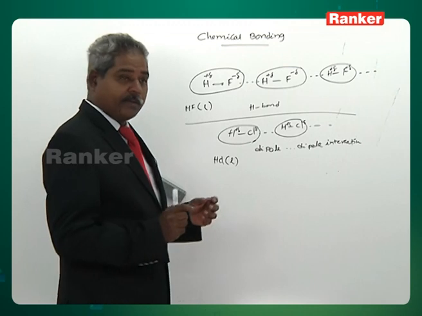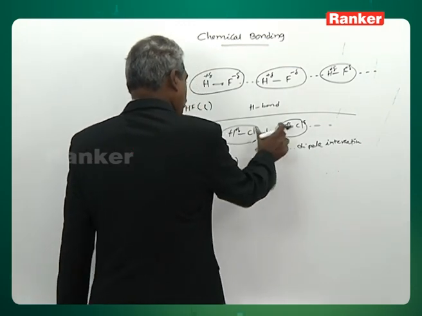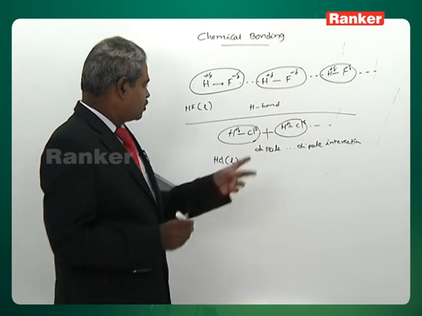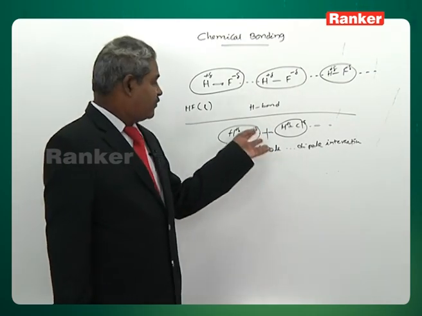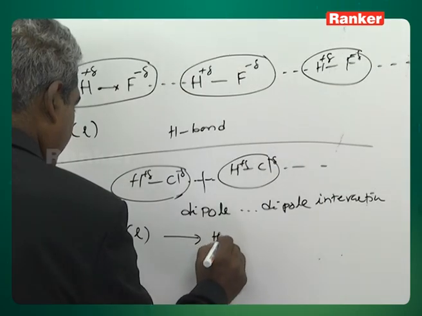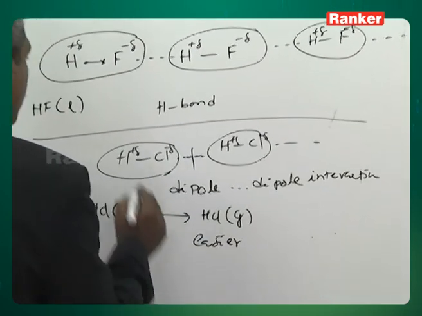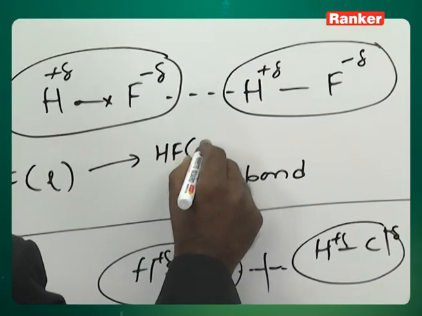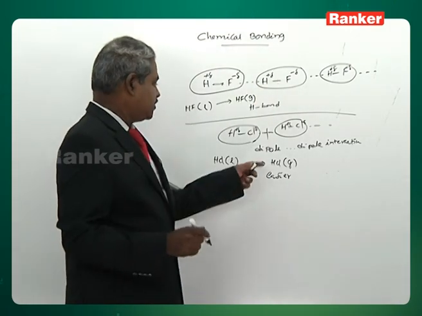When you heat, it is easy to overcome these cohesive forces in HCl, because they are not strongly bonded. Therefore, HCl goes to vapor state easily. HCl liquid to HCl gas is easier when compared to HF liquid to HF gas, which is relatively difficult. Therefore, the boiling point of hydrogen fluoride is more than that of HCl.